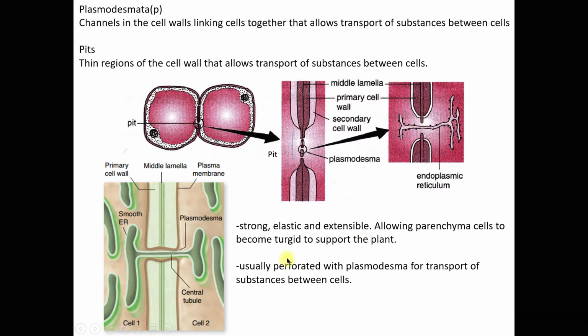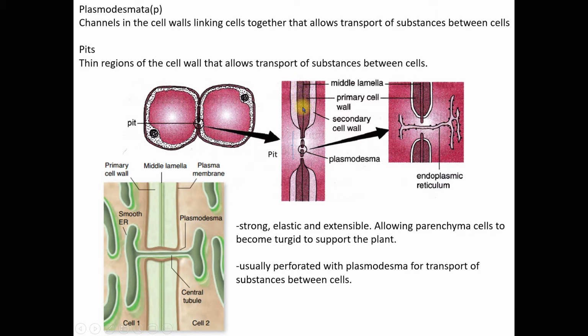Now, this primary cell wall is usually perforated with plasmodesma for transport of substances between cells. Now class, the region of this primary cell wall, if you look from this diagram, this is the middle lamella.